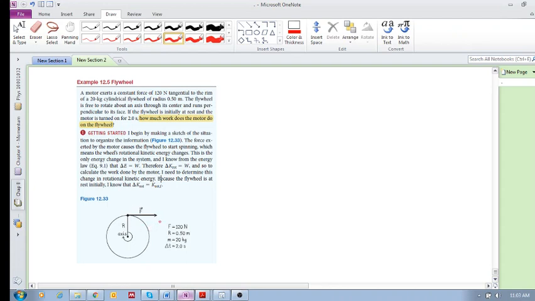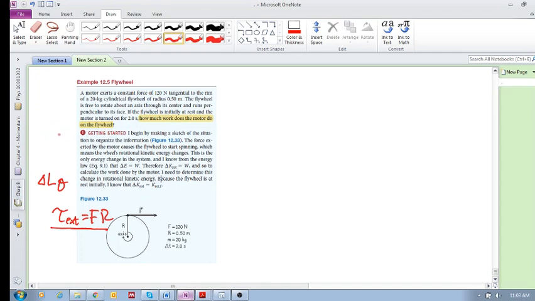tangential force, or a force with a tangential component, anytime there's this tangential component, we have an external torque, because the external torque is F, this perpendicular component times R, or the perpendicular distance times F. But the point is that whenever you have this external torque, you have a change in your angular momentum.